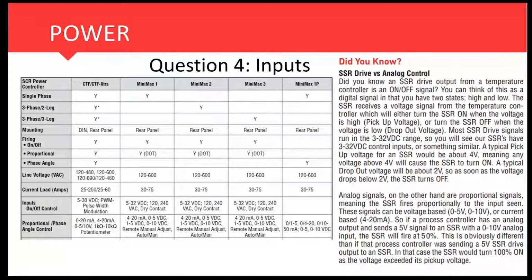The customer's numbers might be a little bit different, but it'll still be okay. For the analog control, we talked about 0 to 20 milliamps, 4 to 20 milliamps, all that kind of stuff. If a customer tells you any sort of analog range, you want to make sure that it does match exactly. So again, with the SSR drive, numbers don't need to match exactly, but for proportional analog type of stuff, they do.